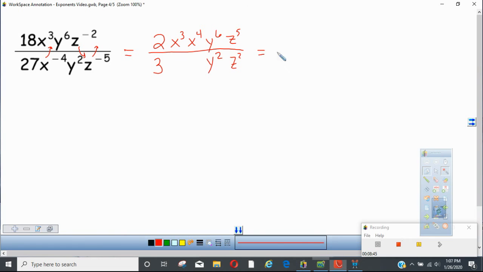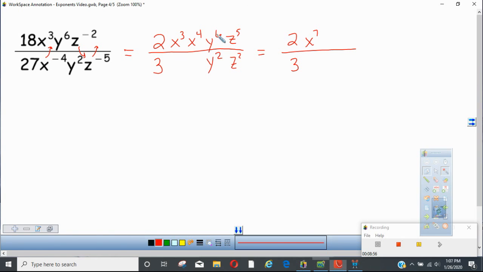And so we are going to add. Now this 2 over 3 we've already taken care of, that's reduced. So we're going to add these right here, and that would give me x to the 7th. So just because we're dividing doesn't mean that there aren't things that are being multiplied within it. And so this was being multiplied, so we actually add the exponents, and we get x to the 7th.